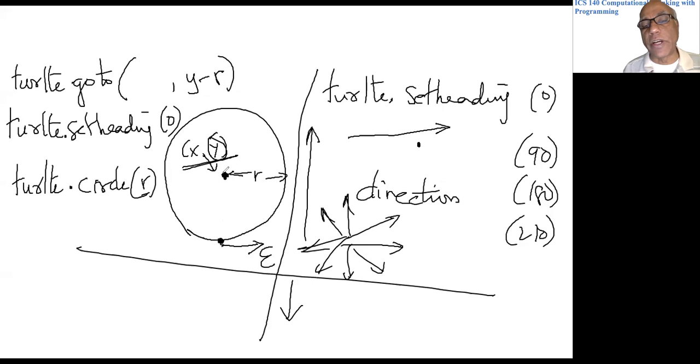And if your radius is 100, this has to be at 400. The x coordinate would be exactly the same here. So you should go to x comma y minus R and draw a circle with heading 0. You will get this circle here. That is the hardest part of doing this problem, figuring out where the center of the circle is going to be.